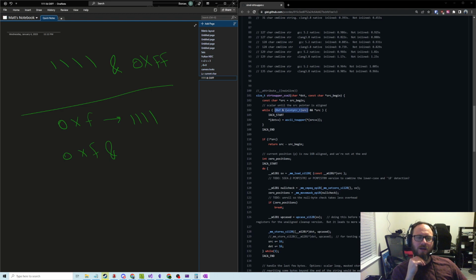Oh, I get it. This is a bitwise and, which I knew it was, I just didn't totally get it. So what's going to happen is the bitwise and is going to run, and it's going to actually be non-zero, right? It's kind of like a mask.